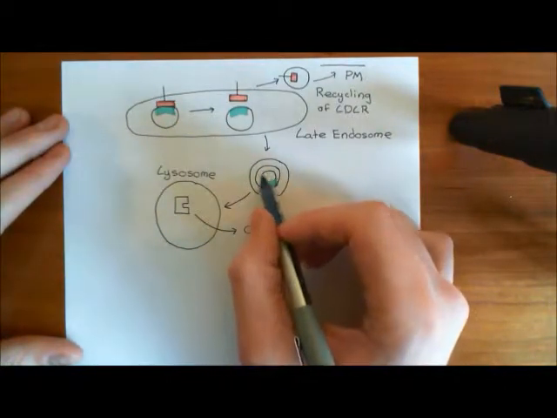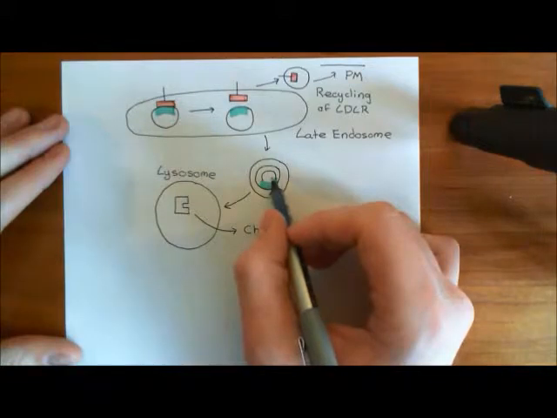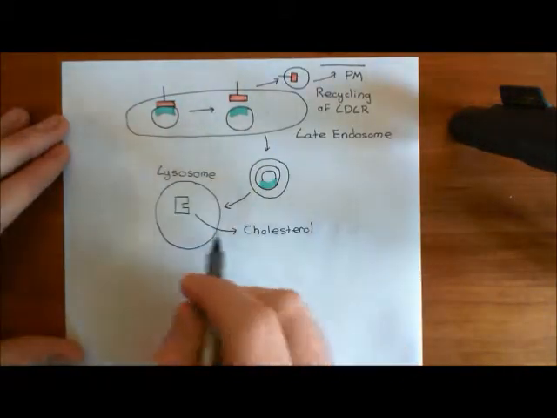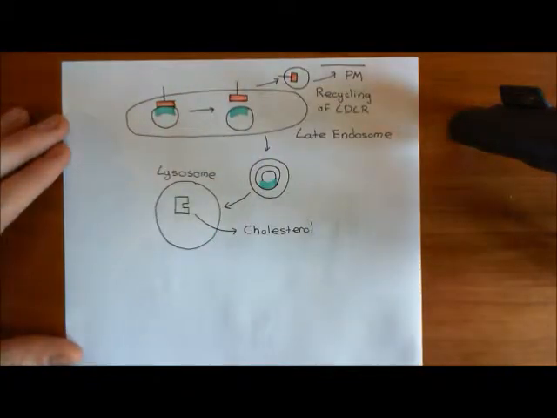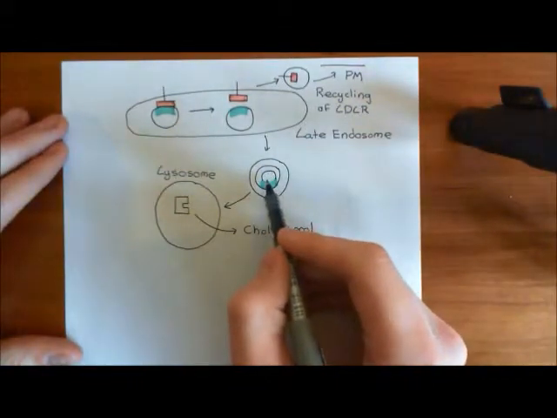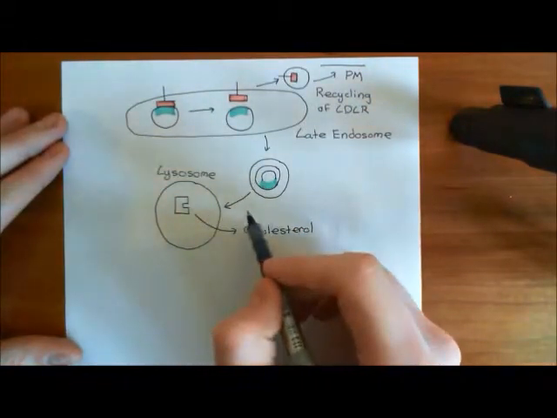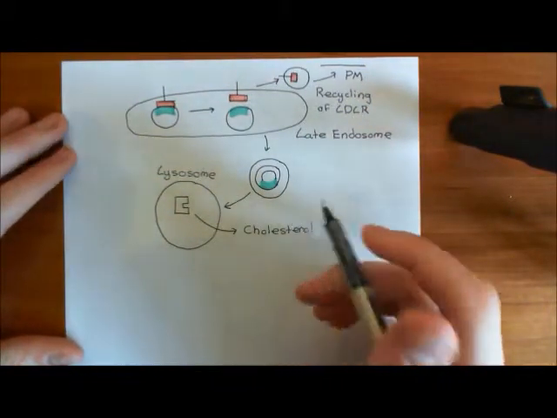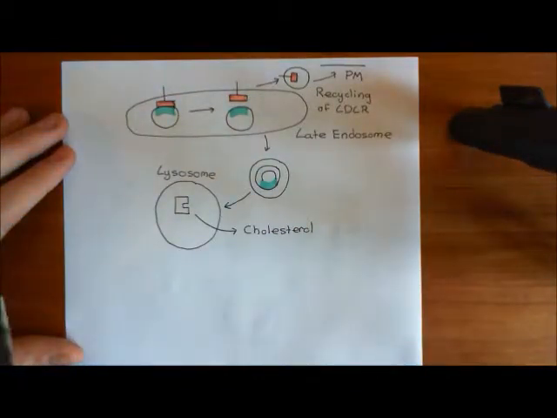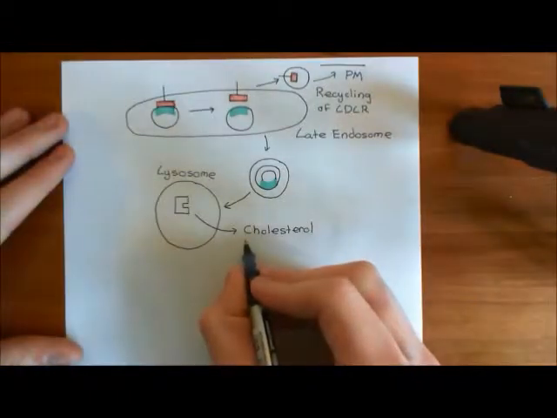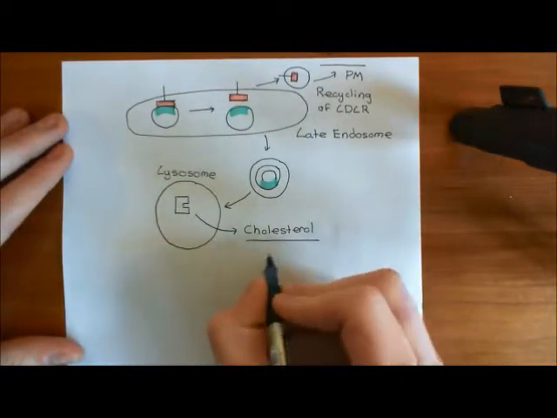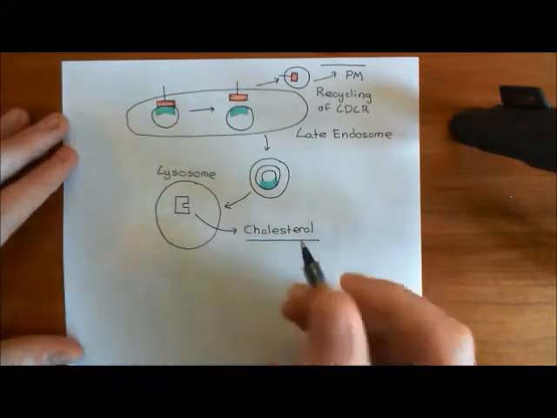You will then have the cholesterol. That will be spared, so the cholesterol doesn't have anything happen to it. But the cholesterol esters do get broken down into cholesterol and free fatty acids. The free fatty acids will just be used for beta oxidation or other metabolic processes, but the main thing that we are delivering to the cell is cholesterol.